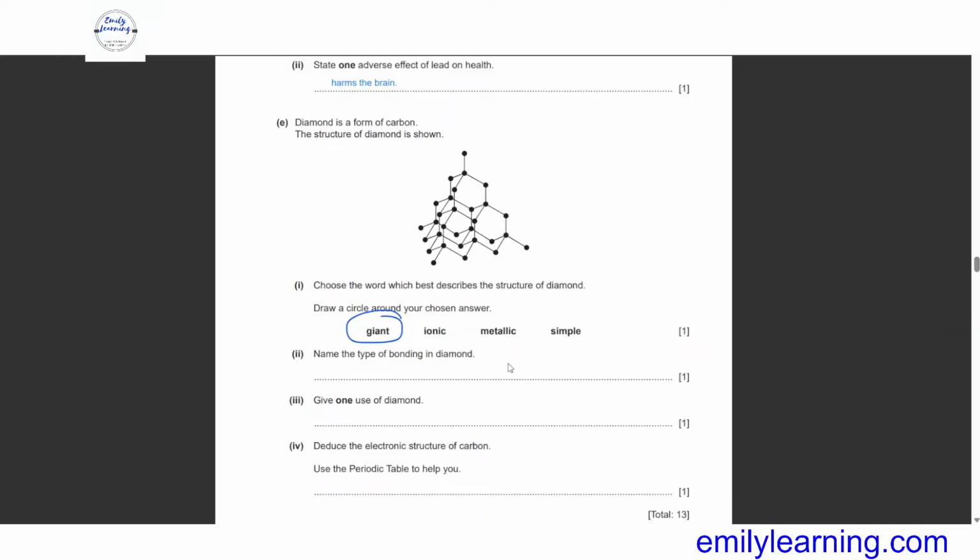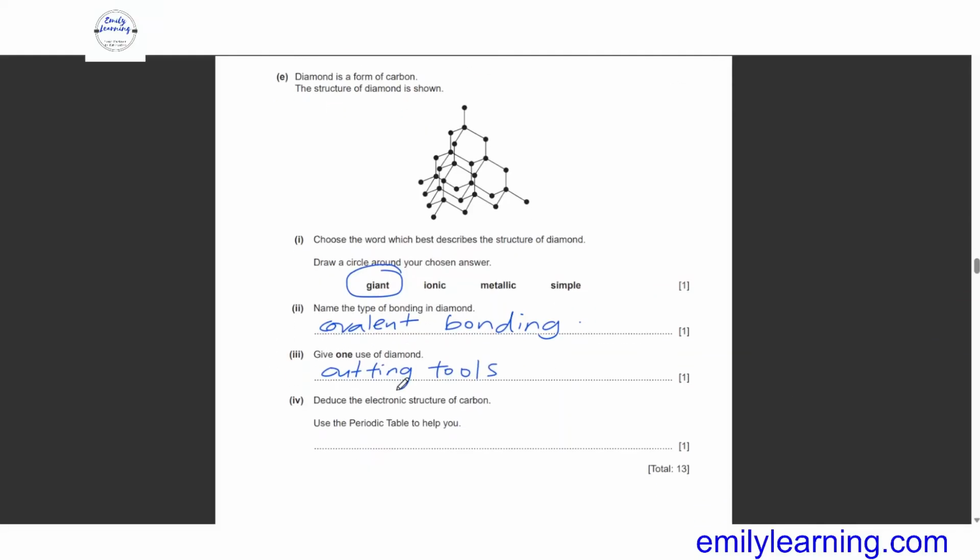It is basically covalent bonding. Okay, so it is covalent. Next, give one use of diamond. It can be used as cutting tools because it is very hard. It's also used as jewelry because it looks beautiful.